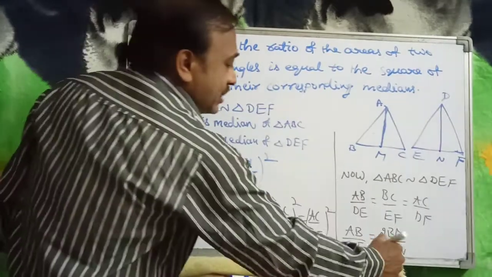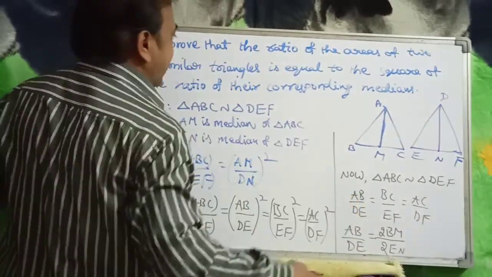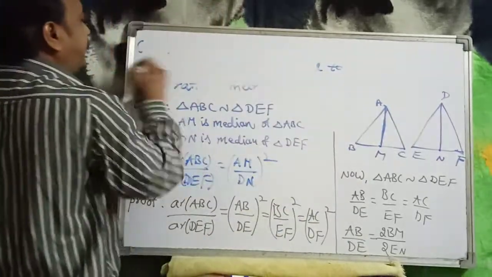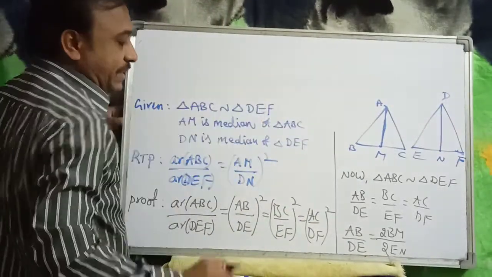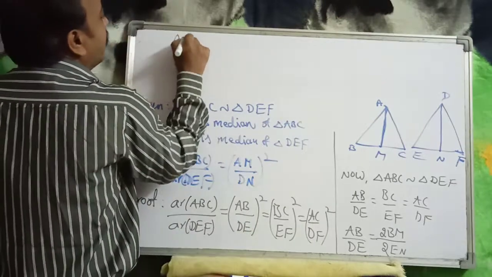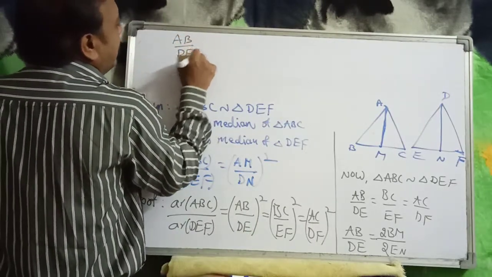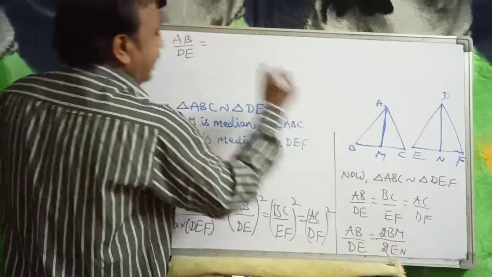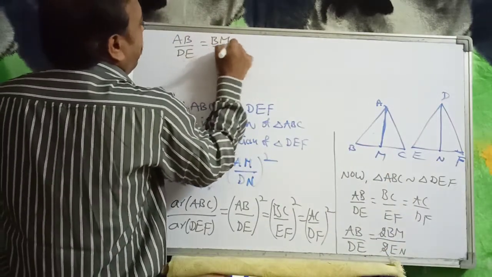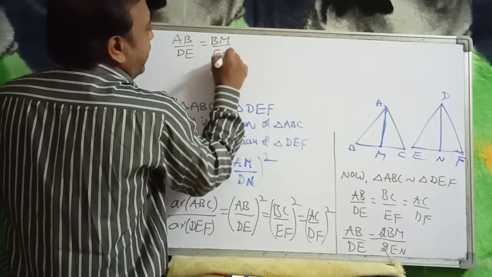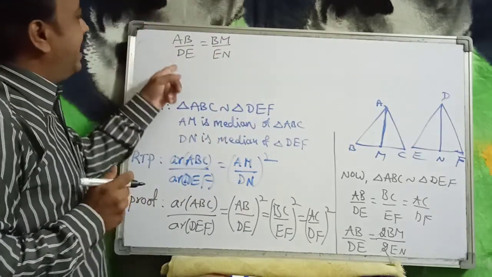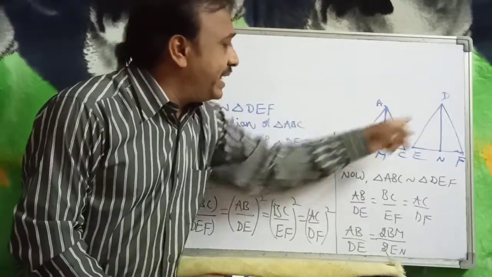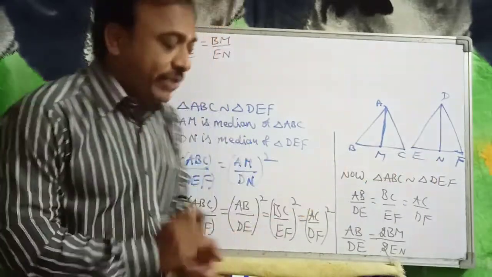Now from these two, the 2 gets cancelled. So the next step: AB by DE is equal to BM by EN. AB by DE is equal to BM by EN, we got.